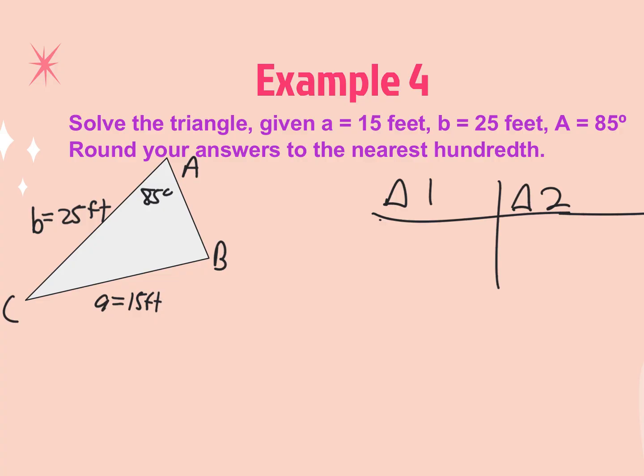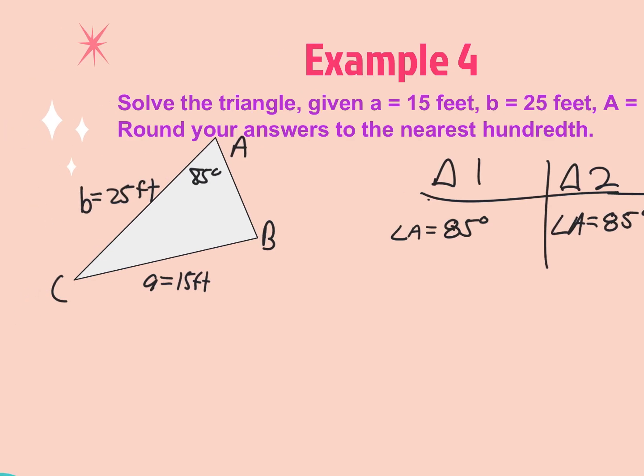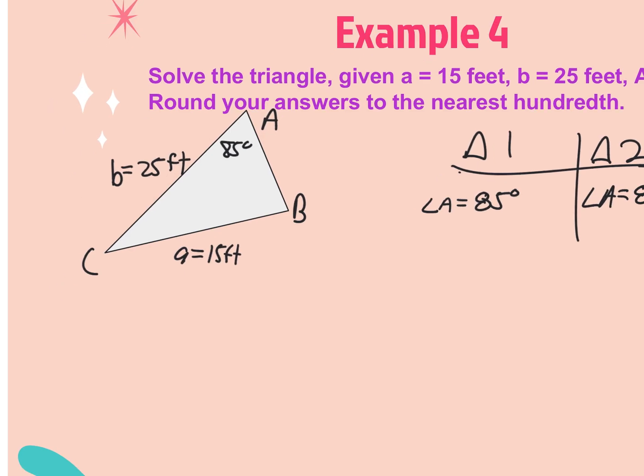And let's fill in the information that we have. We already know that angle A is 85 degrees because that's what we were given. All right, what other measurement can we find with the information given? Angle B, right? So let's give it a try.